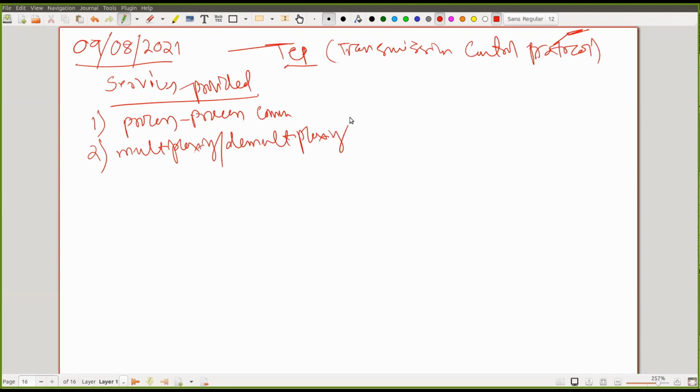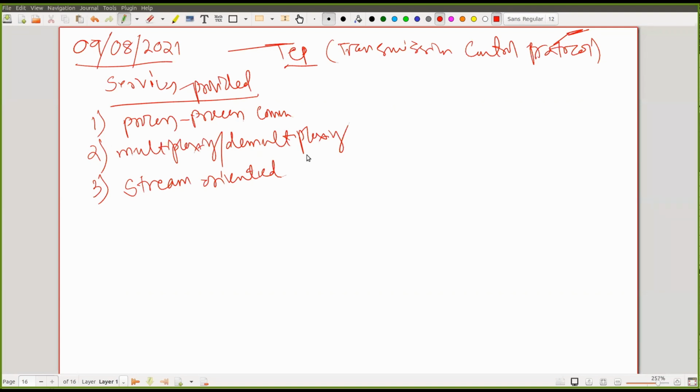And what we discussed in the last class, UDP is packet oriented, whereas TCP is stream or byte oriented. So it provides the service of stream orientation. TCP is stream oriented, or we say byte oriented, whereas UDP is called packet oriented.